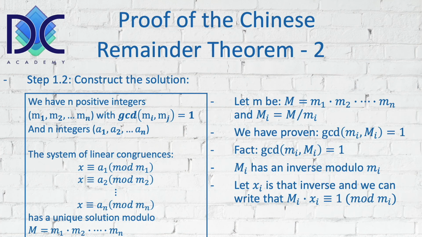That's based on what we've seen in the previous video, that when Mi has inverse xi, we can say that Mi multiplied with the inverse is congruent with 1 modulus mi. This is possible because we know that the GCD of small mi and capital Mi is equal to 1. Otherwise, we wouldn't be able to say that this exists.